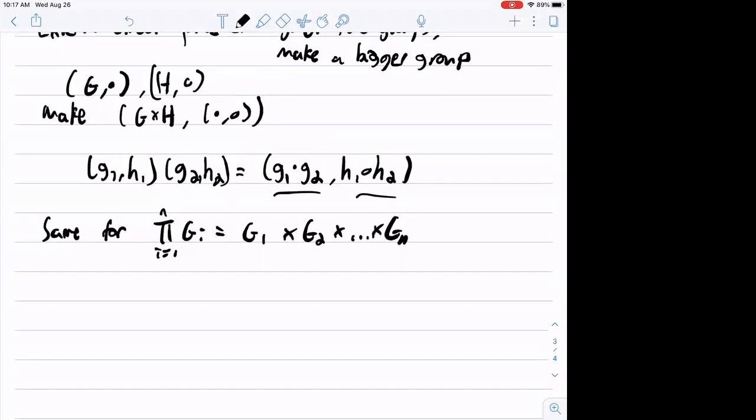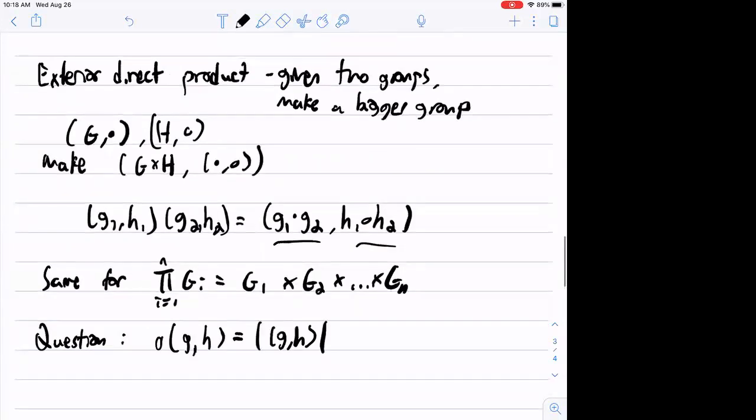And question: what's the order of (g, h)? You need both components to be identity, because the identity for this group is (eG, eH).